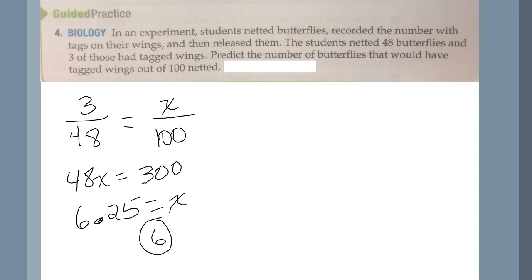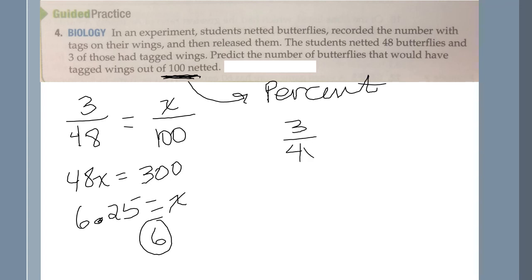Let me show you another methodology here. Anytime we're looking for something out of 100, that's called percent. So I don't have to go through all this method. I could just take 3 divided by 48.